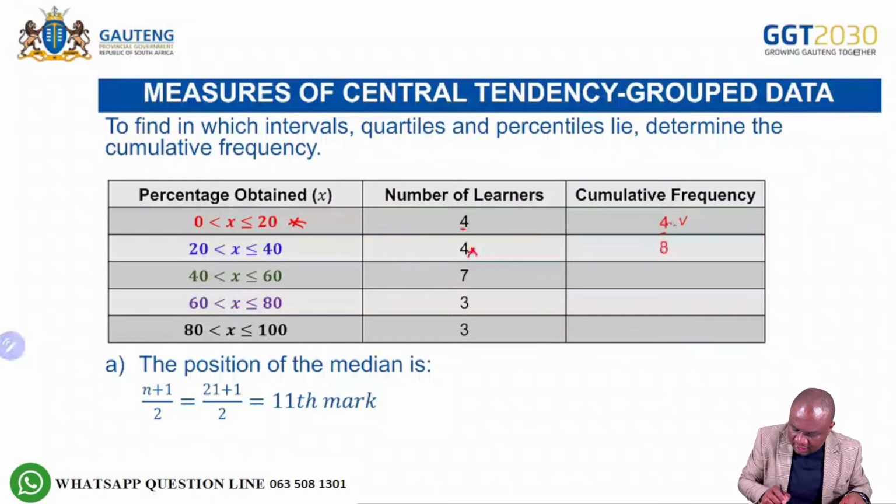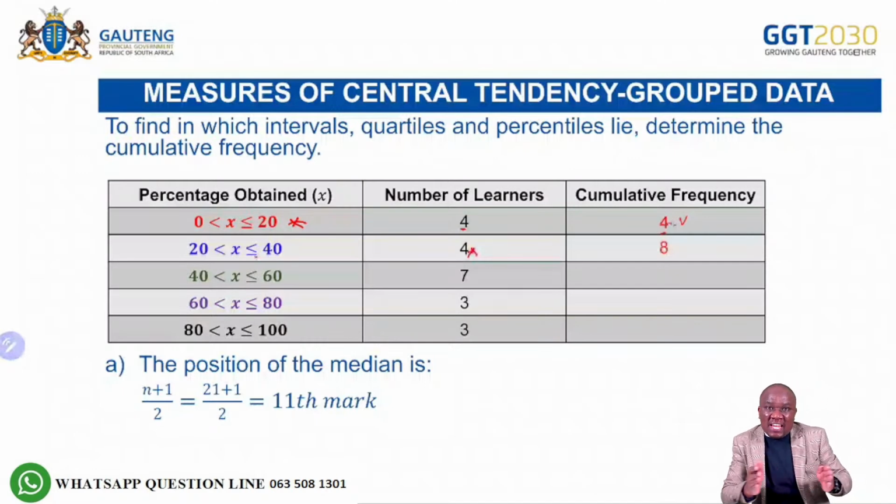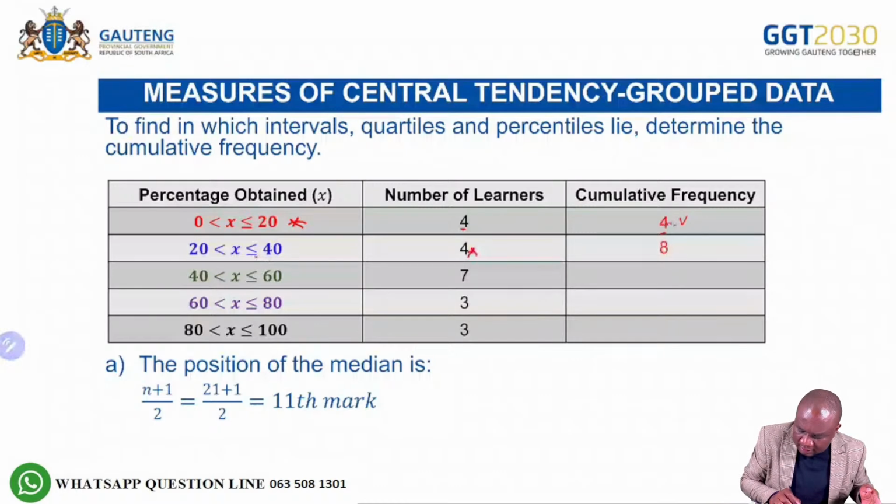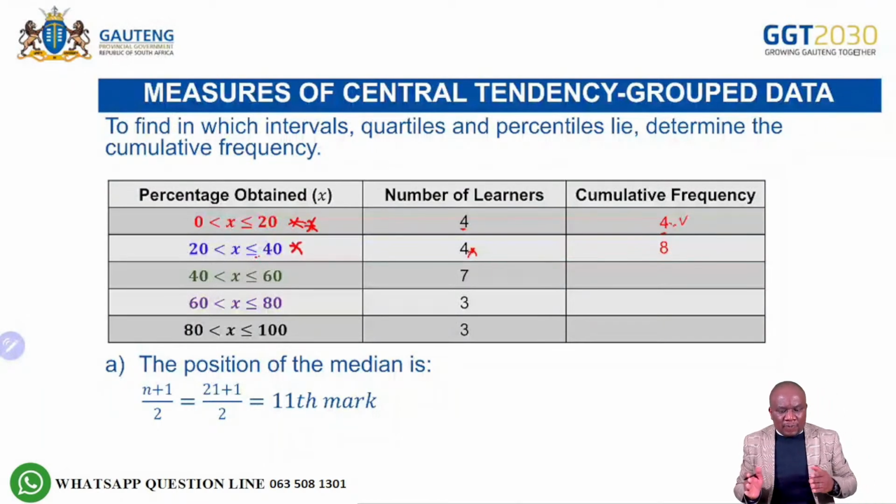So up to 8 learners got 40 and below. It's like we have arranged the marks up to the 8th mark. So it means it's in this interval and this interval. You see that? The first 8 marks.